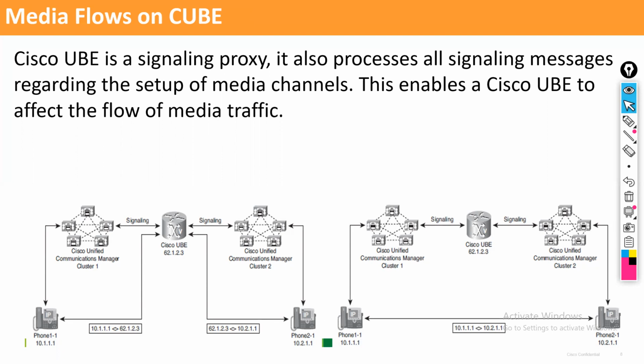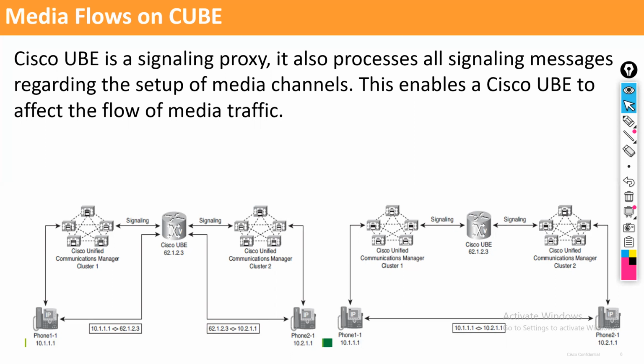RTP. So if you remember, RTP flows directly from one point to another point. That means you have two phones, both registered in the call manager. Whenever you make a call from phone 1 to phone 2, the call has to go through the call manager. Once they answer the call, RTP will establish.